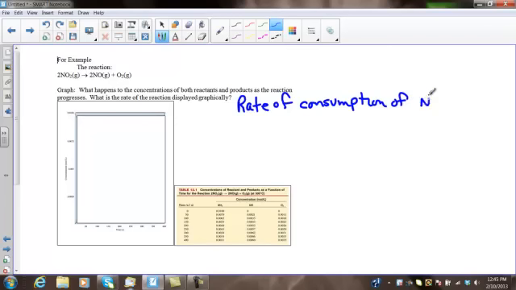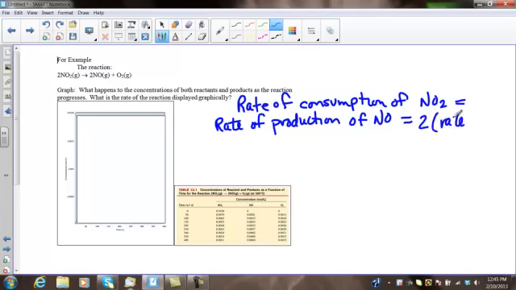of NO2 is equal to the rate of production of NO, which is equal to 2 times the rate of production of O2.